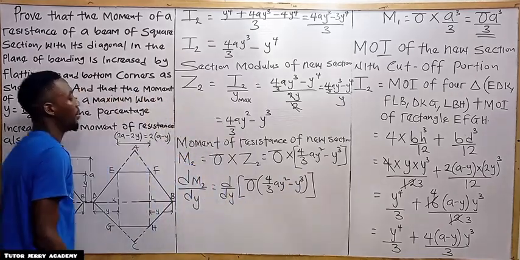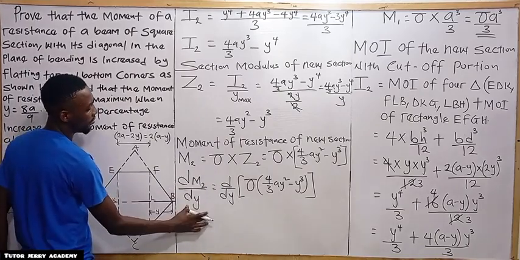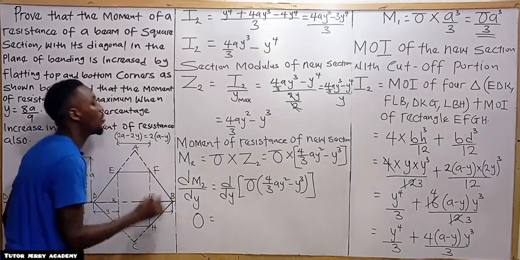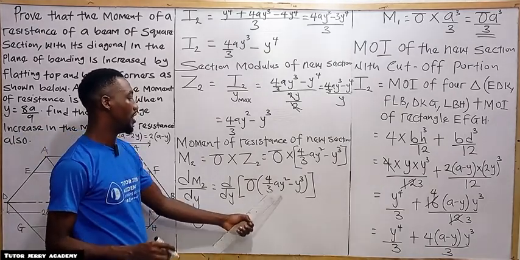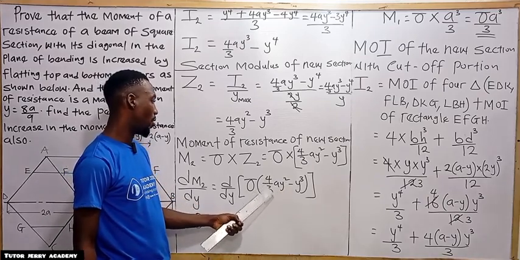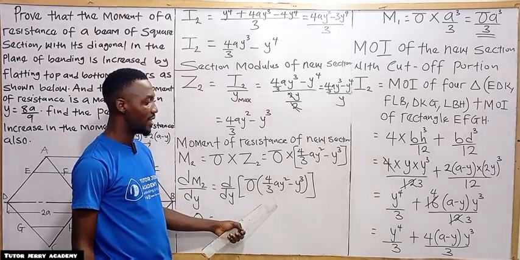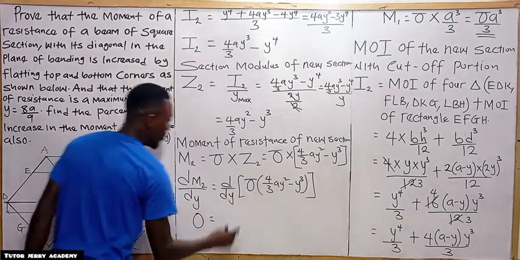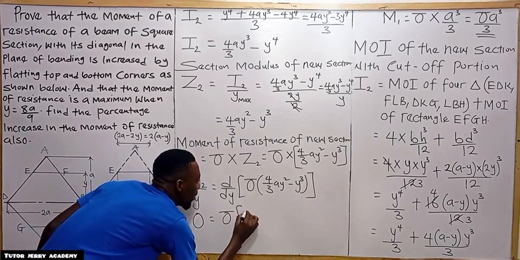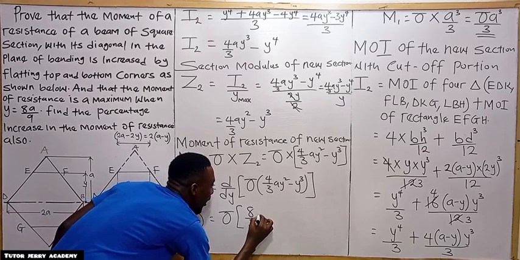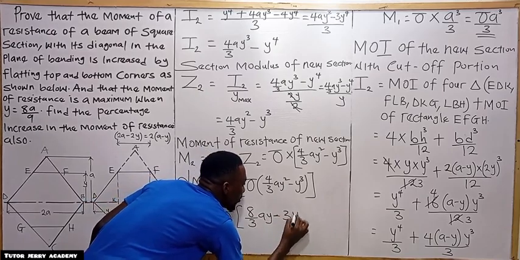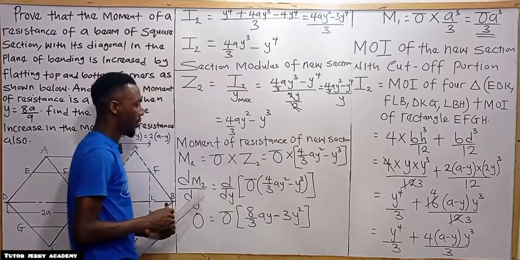Then you can close your bracket now. The differentiation dM over dy here is going to be equal to 0. So 0 will be equal to, when we differentiate this in respect to y, we are going to have 2 multiplied by 4 over 3, that is 8 over 3 a y. So multiplied by stress, it is going to be stress into 8 over 3 a y minus 3y squared. So that is what we are going to have.